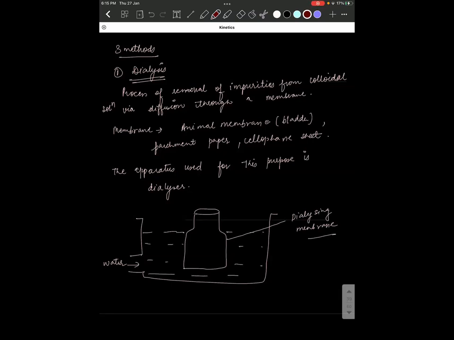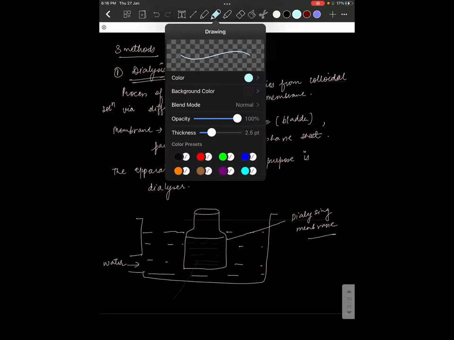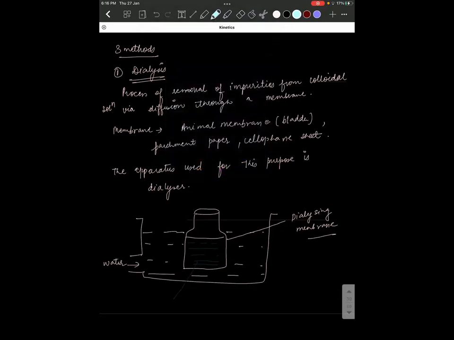Now here we have water. Water is filled in this beaker, and in this beaker we have the colloidal solution mixed with impurities. So this solution must be having colloidal particles along with true solution, the crystalloid.